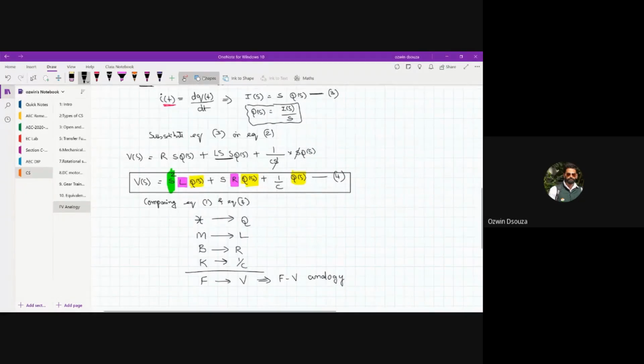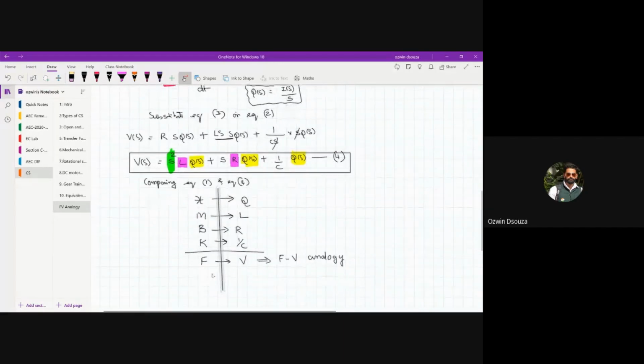Okay. So on one side, you have mechanical elements, including the variables. And on the other side, you have electrical elements.